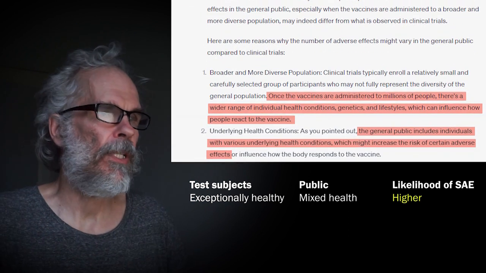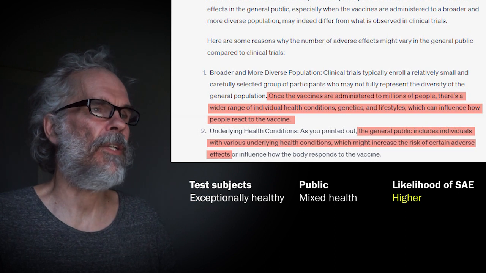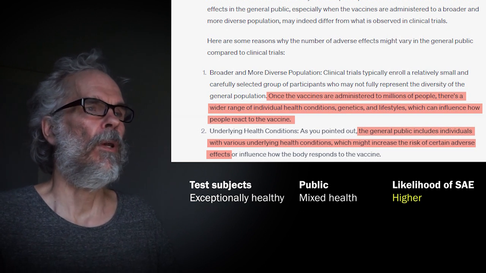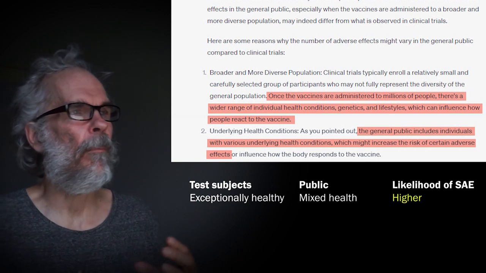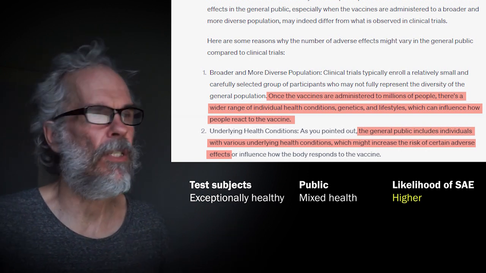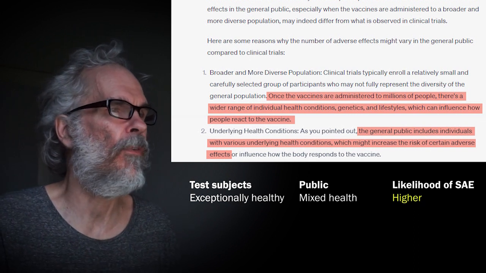And the second point, the general public includes individuals with various underlying health conditions which might increase the risk of certain adverse effects. Basically, this is just continuing the same point that was discussed just before.